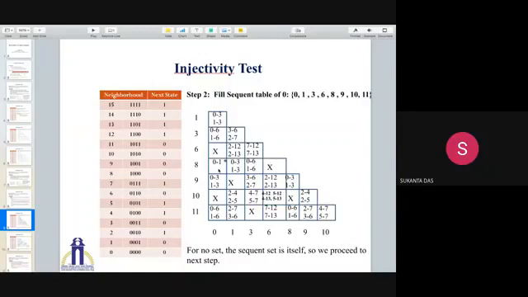So in this way I have to form the sequence table. There are d number of sequence tables. In this case, we have two sequence tables, for 0 and for 1. If you have d number of states in S, there will be d number of sequence tables. So you have to fill up the sequence tables in this fashion.